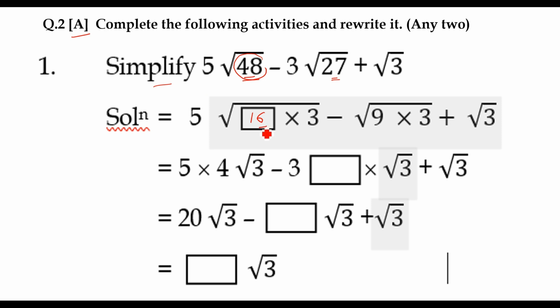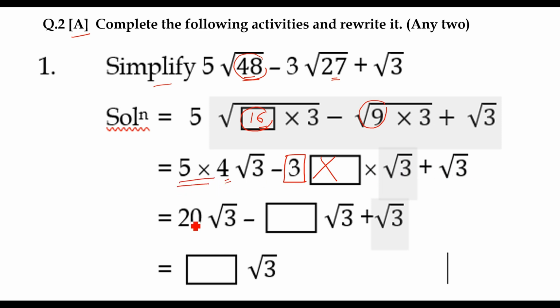Then the square root of 16 is 4, so it will appear here, and the square root of 9 is 3. The minus 3 is already given here, so this is 16 for root 3. Here the square root is already given to you, meaning the square root of 9 is 3, so this box is not here. This will be 3 and root 3 plus 1.